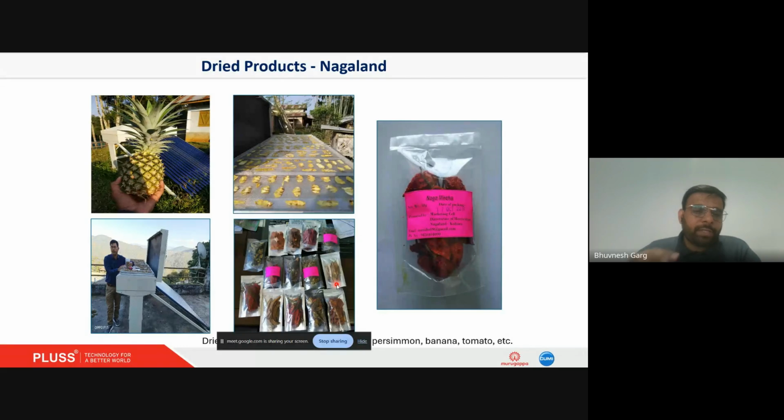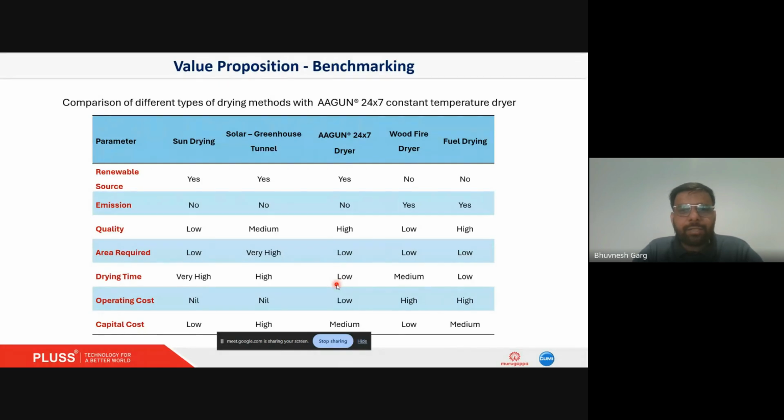And whenever there is rain, you have to shift your food product from the open sun to some shaded area, so that it is not getting spoiled. In this, if there is rain or dust in the farm, there is no impact on your food product. It is maintaining its nutrients, its hygiene, its textures and everything. So that is the benefit.